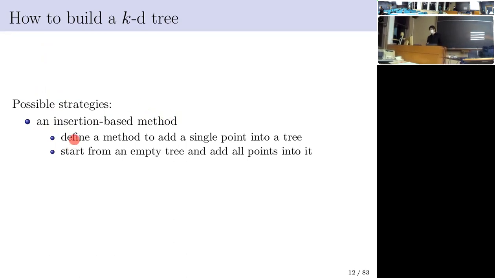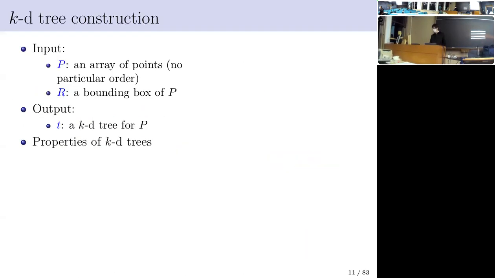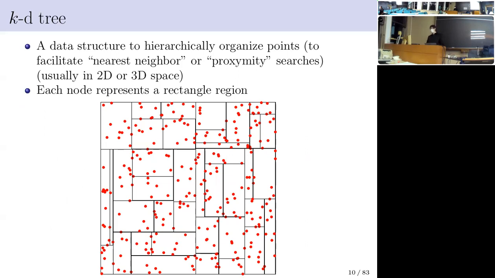Define a method to add a single point into a tree. You can imagine you can at least do that, right? For example, if you have already built a tree like this, let's consider adding another point here.